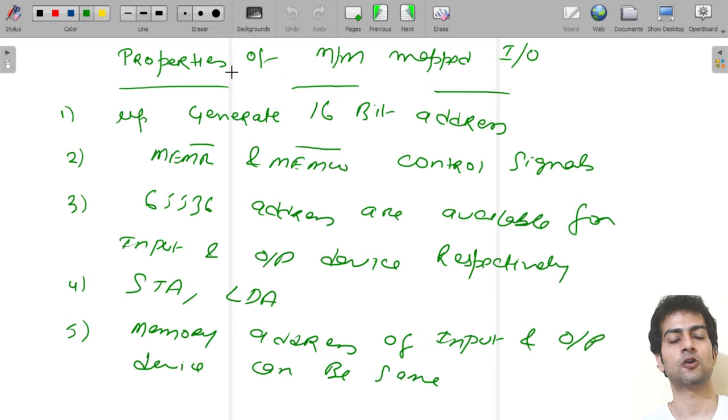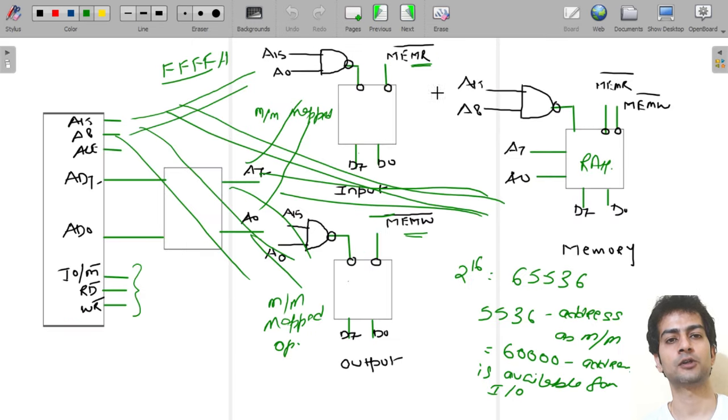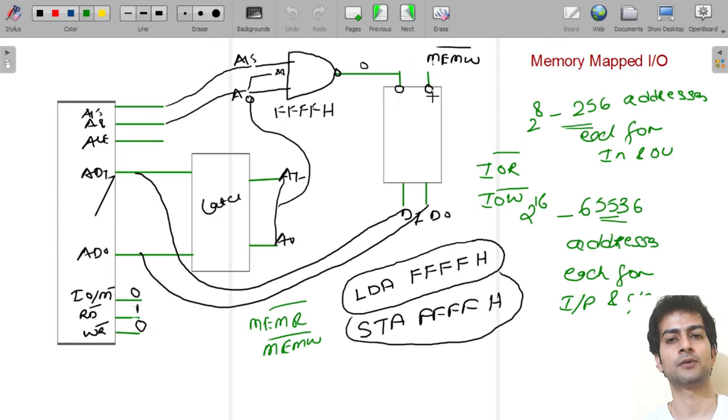So see, these are all properties of memory mapped input output, and we have earlier seen the properties of peripheral mapped input output. So this was all important concept of both these mappings. So I think that it is clear to you.